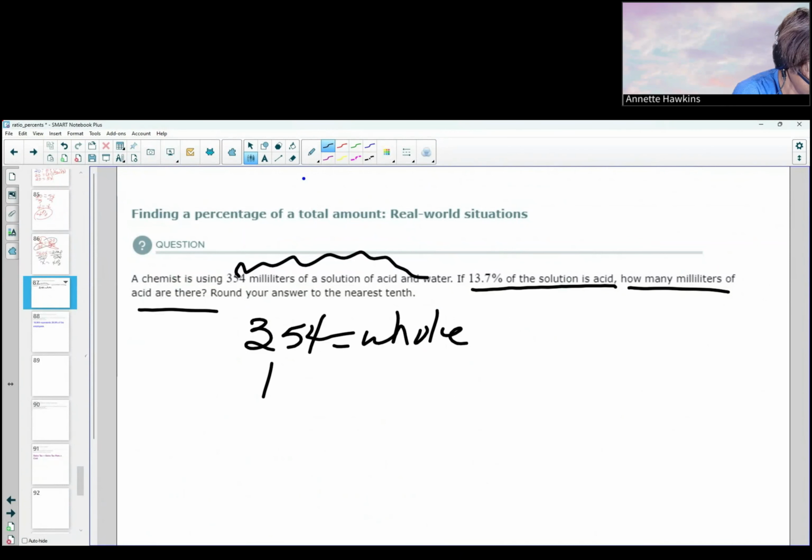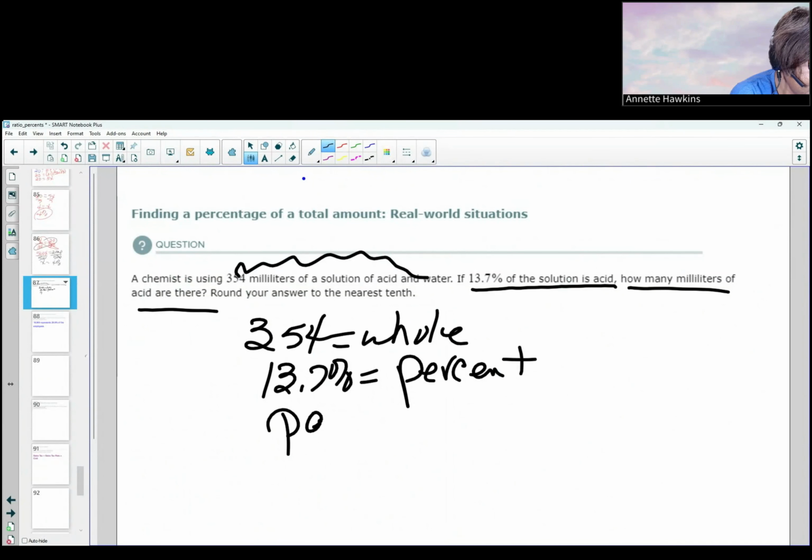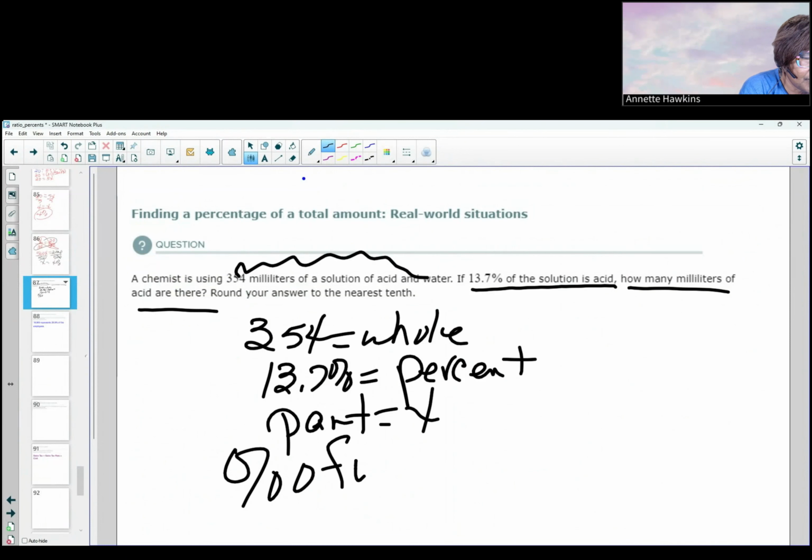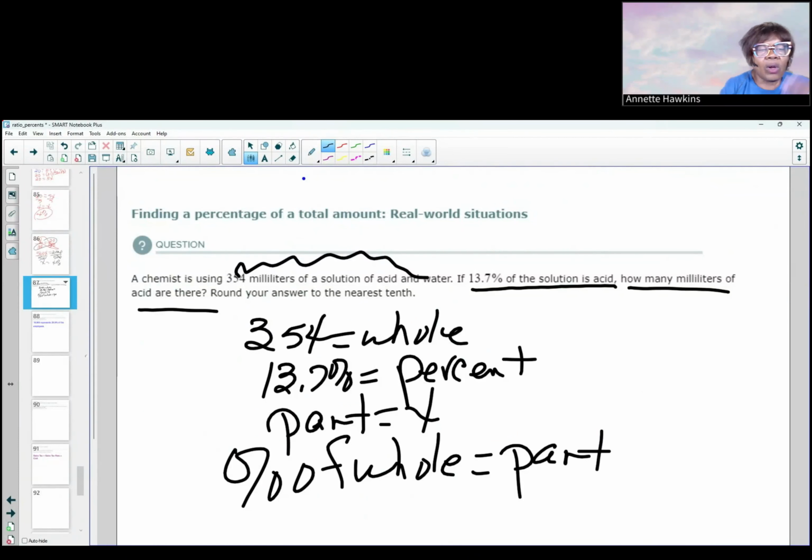The percent is 13.7%. So we're trying to find the part, which we don't know. We do know that percent of whole equals the part, or you can set this up using a proportion.